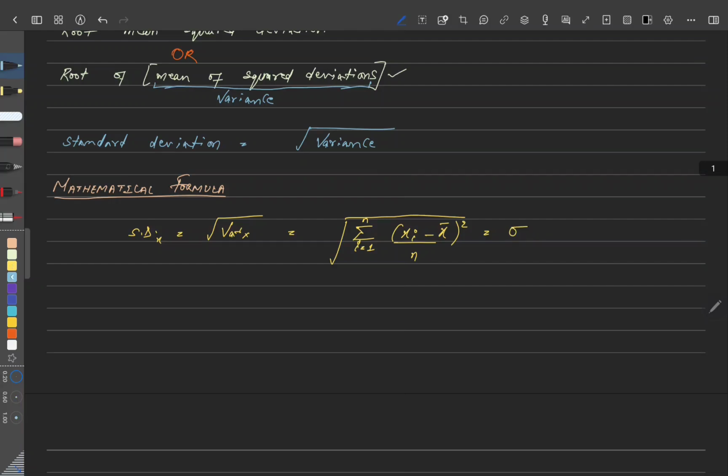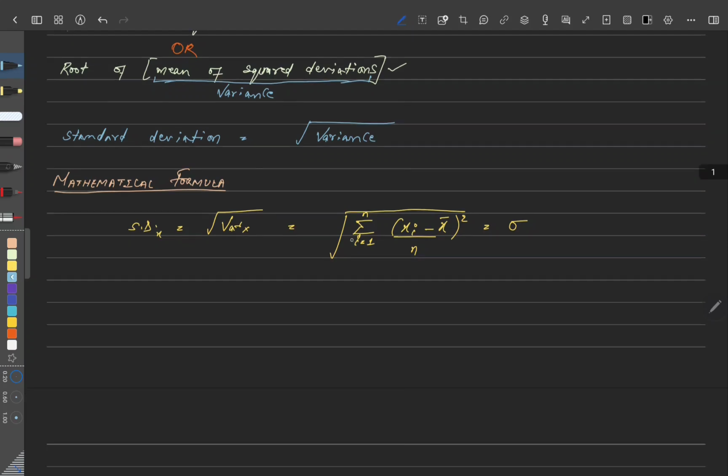So let us see what each notation means. This is the sum. This is simply the square root. This is the ith observation.